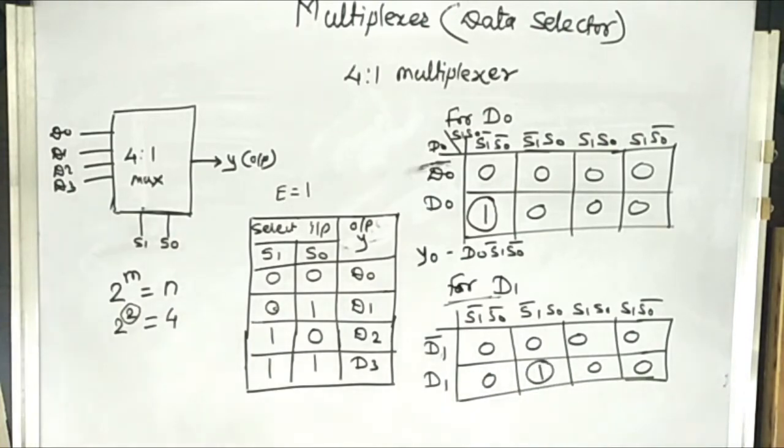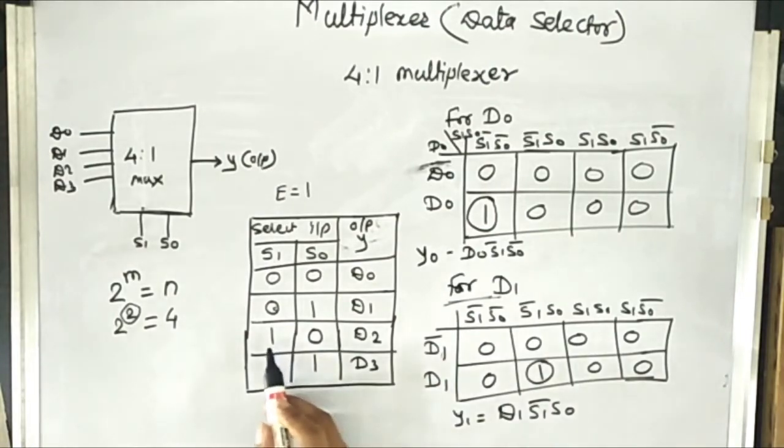So again no grouping is possible. So here we can write Y1 equal to D1 S1 bar S0. In a similar way, we did not draw a K-map for each output. We can directly write the equation from here.